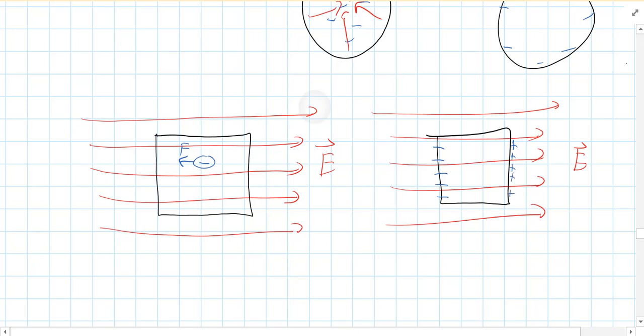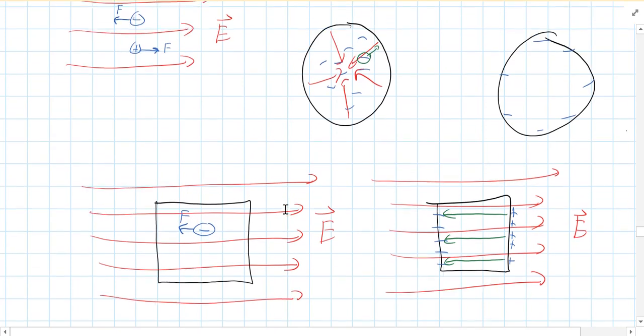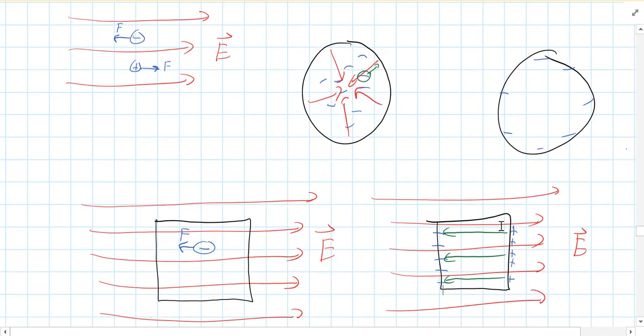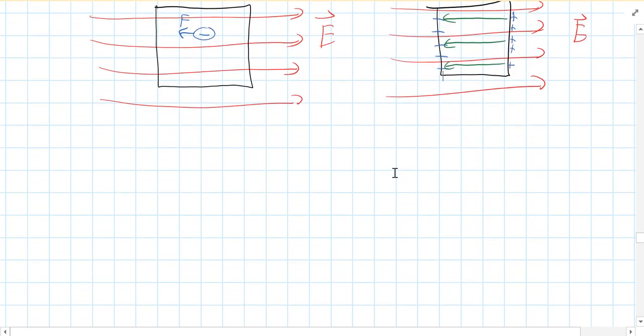Those positives and negatives make their own electric field to the left, and that electric field that I'm drawing in green will exactly cancel out the red electric field, meaning the electric field within that metal conductor will be zero when all is said and done. So that's the first rule: the electric field in a conductor that's in electrostatic equilibrium will be zero. It turns out there are several rules about conductors that we're going to use.